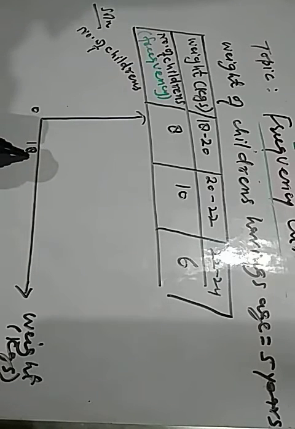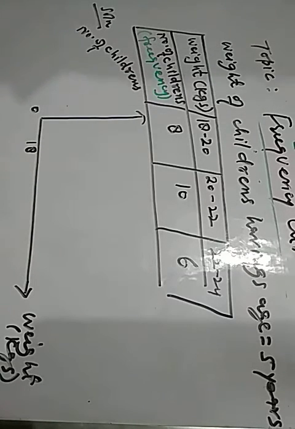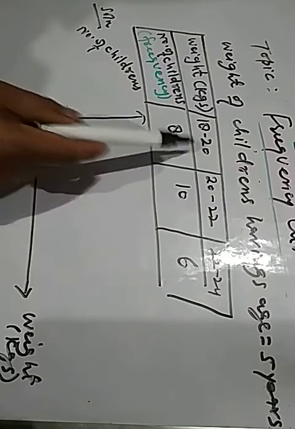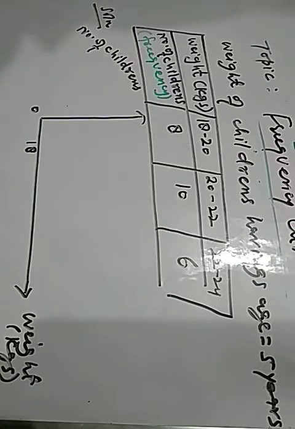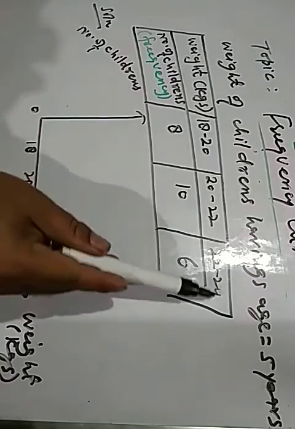The lowest weight is 18 kgs and highest is 24. These are the different weight groups. We will start from 18. We can also start from 10, 15, 20, 25, 30, but in order to make it simple for you we will directly use these values: 18, 20, 22, 24, lowest and the highest.